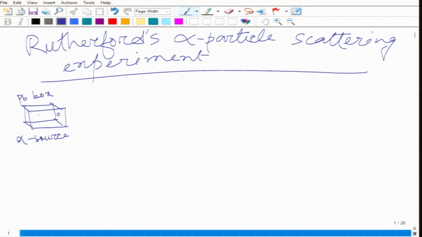It was kept in a lead box to minimize the deviation of alpha rays. When these alpha particles were released from the radioactive source inside, they travelled through this hole in a straight line and bombarded a gold foil kept at a distance.